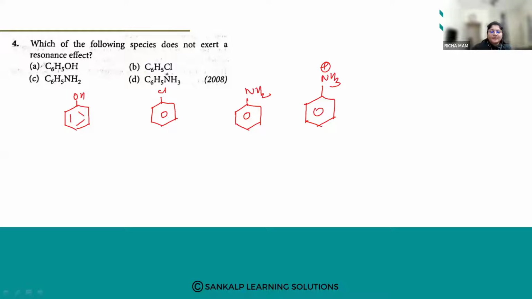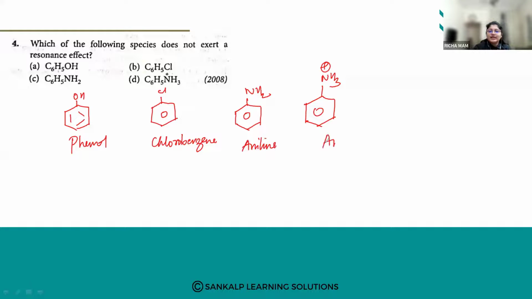Now here, which of the following species does not exert a resonance effect? This is a phenol. This is your chlorobenzene. This is your aniline.